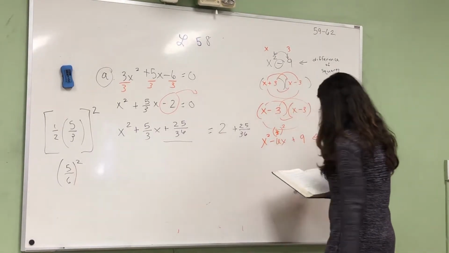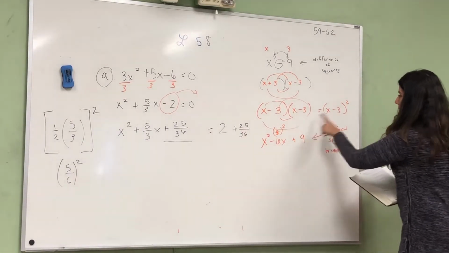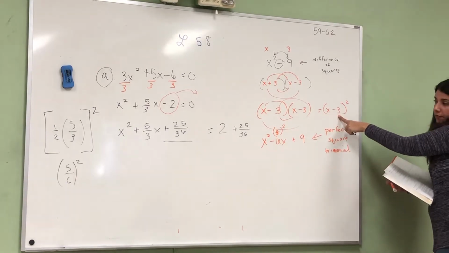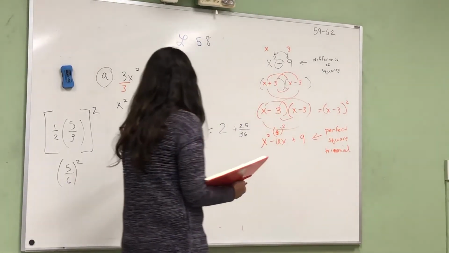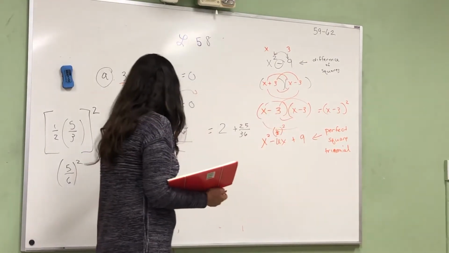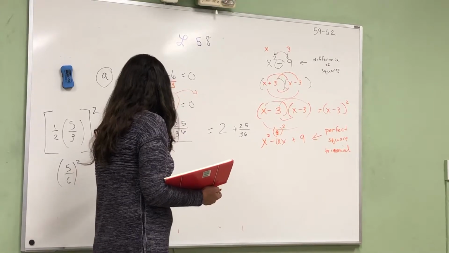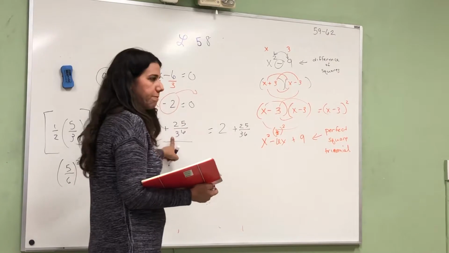Here, the whole point was to get it to look like this. Okay, so how do we get this? We have now created a perfect square trinomial, so we're going to write it in its factored form, which would be x plus what?